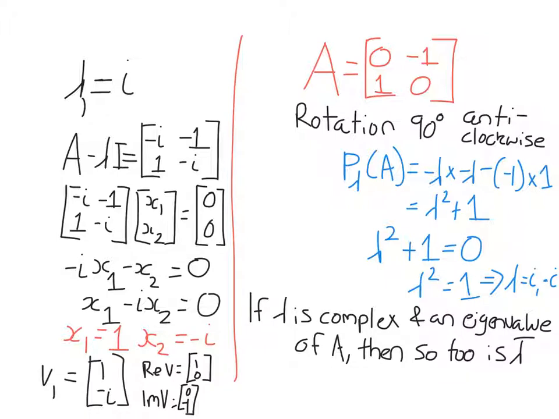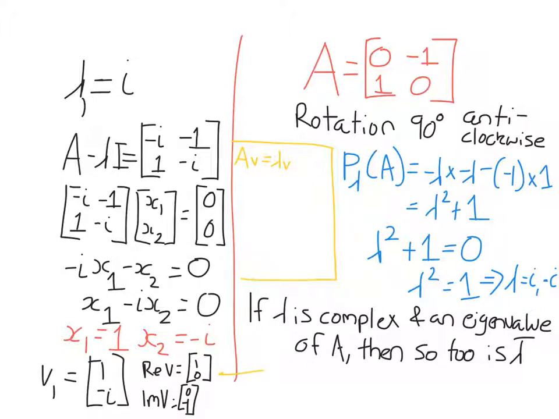So let's look at finding the second vector v2. It turns out we don't need to go through all this, thank God. I know that if I have an eigenvector v and eigenvalue lambda, then A v equals lambda v must be true. Now we're going to need to take the complex conjugate for me to show you how we can find v2 easily. To take the complex conjugate of a matrix, all you do is take the complex conjugate of each of its entries.